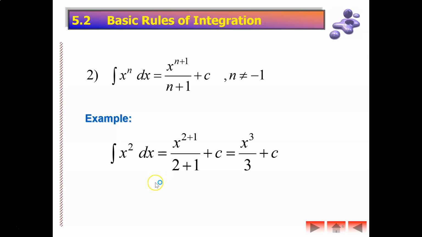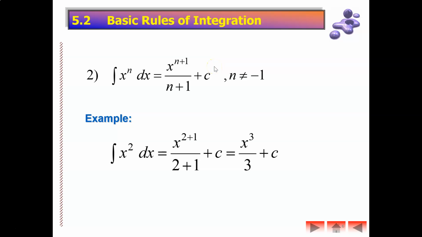Okay, the second rule is when you integrate x to the power of n dx. What happens here is it equals x to the power of n plus 1 divided by n plus 1 plus c. So all you can see over here is that you need to add 1.